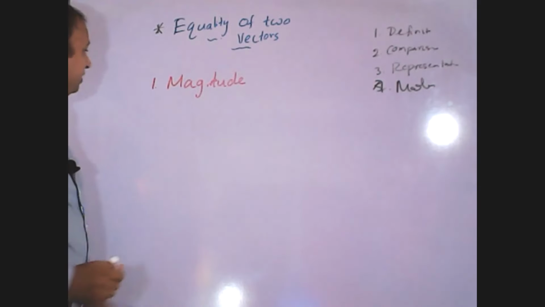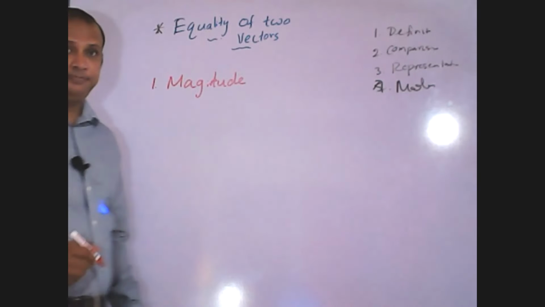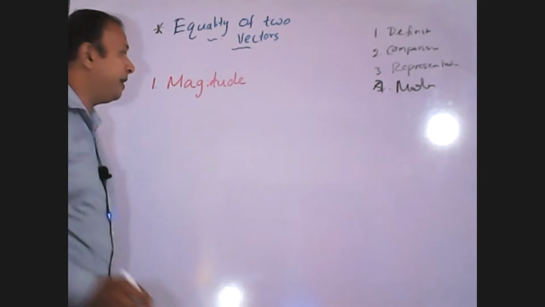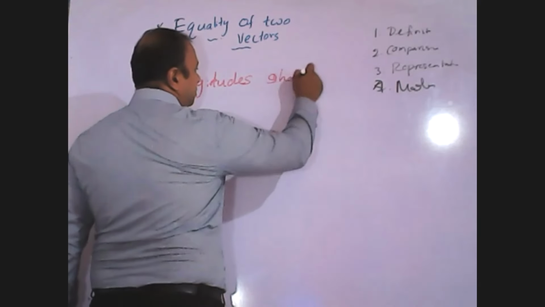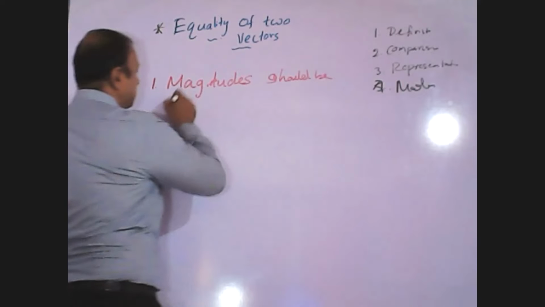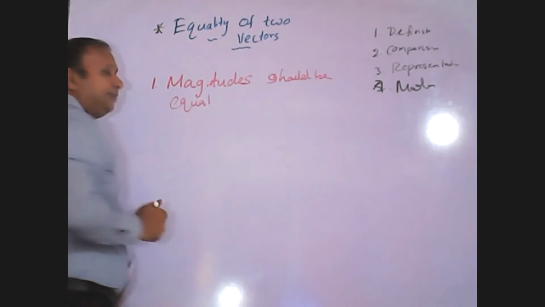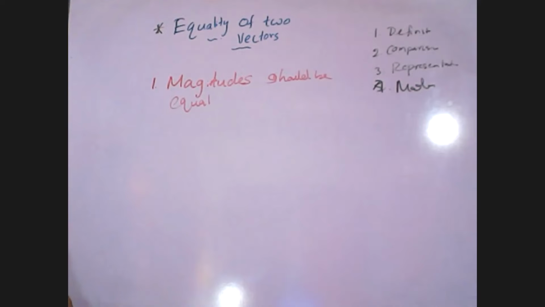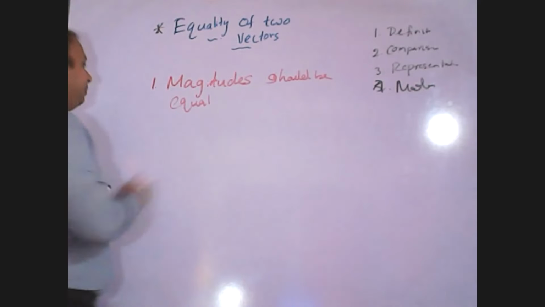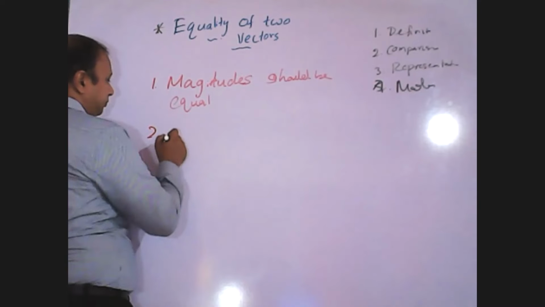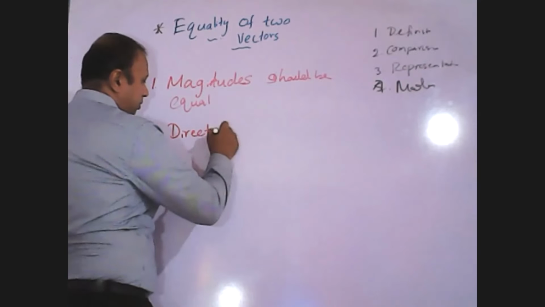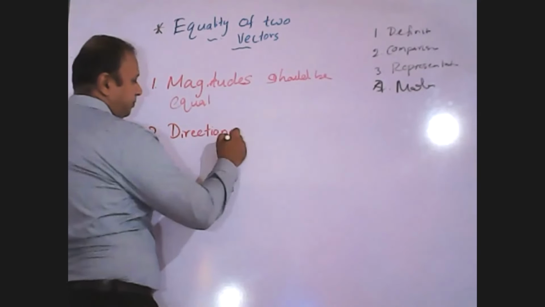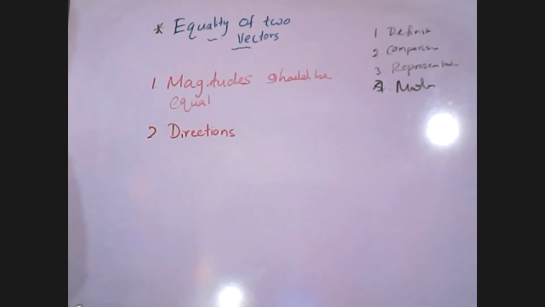The first feature is magnitude. Magnitude should be equal. The second thing, directions should be the same.